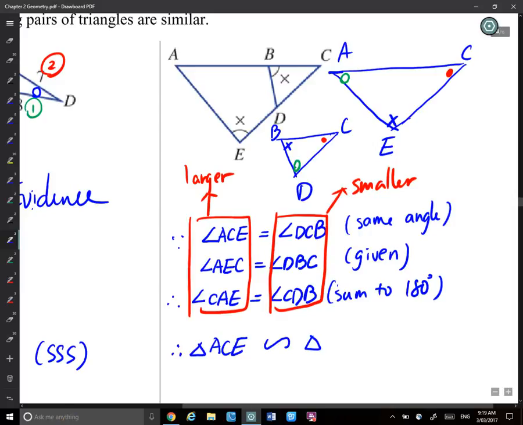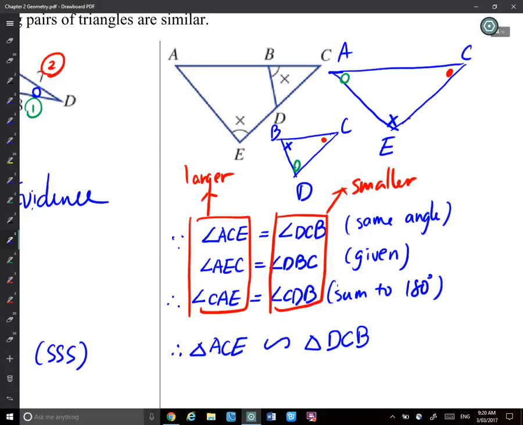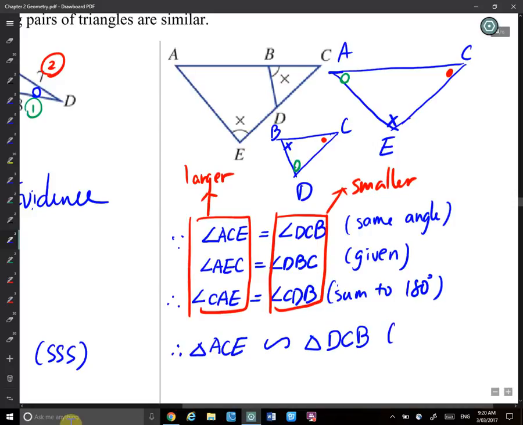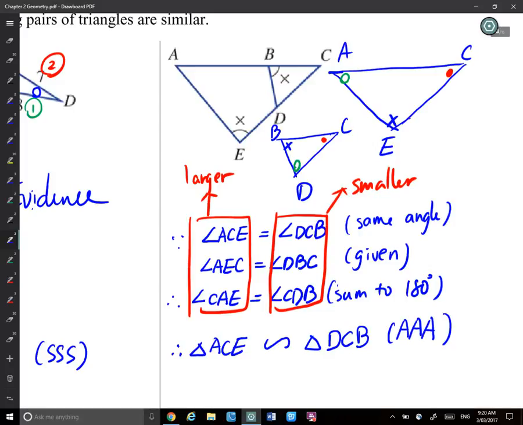A corresponds to the point D. C still corresponds to the point C. E corresponds to the point B. So ACE is similar to the triangle DCB by AAA, because I don't have any lengths, I just have 3 angles. So those two triangles are similar because of AAA.